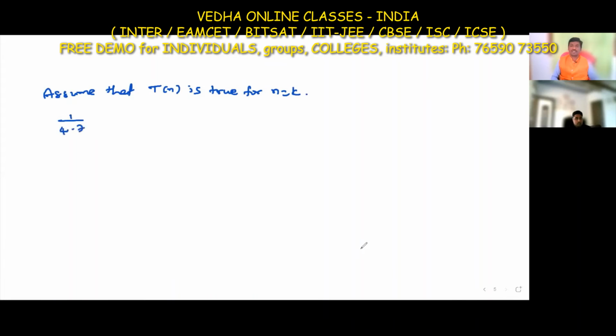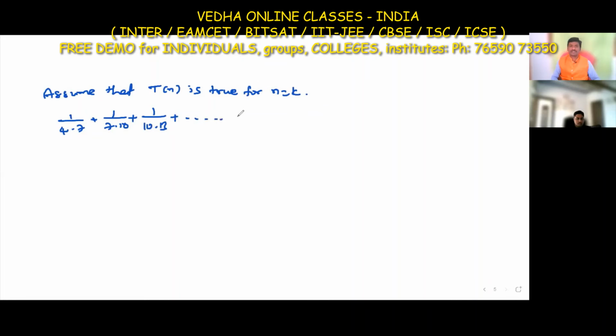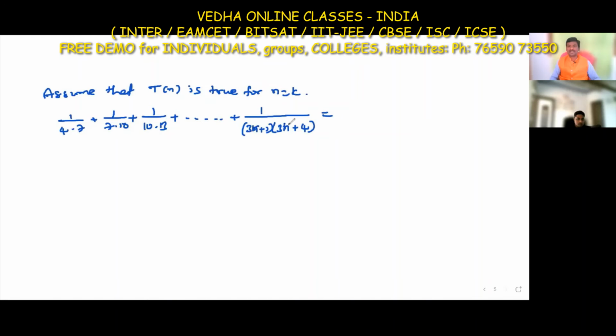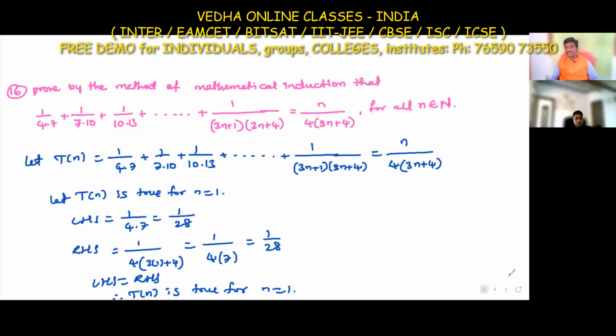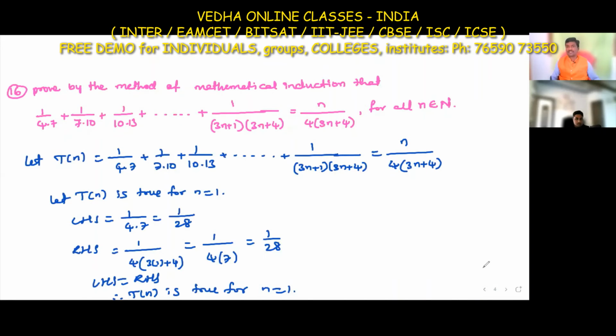That means 1 by 4 into 7 plus 1 by 7 into 10 plus 1 divided by 10 into 13 and so on plus 1 divided by 3n plus 1 into 3n plus 4 is equal to k divided by 4 into 3k plus 4.